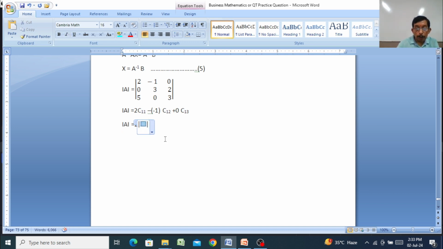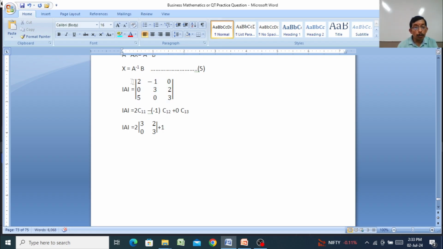Then multiply the minus sign by minus 1, which gives plus 1.